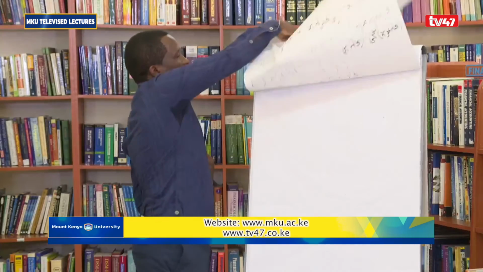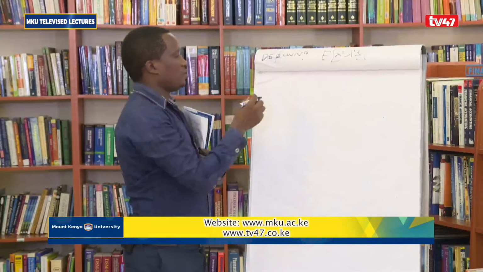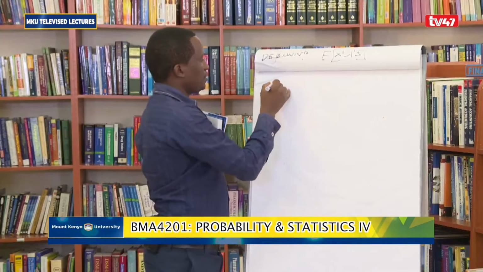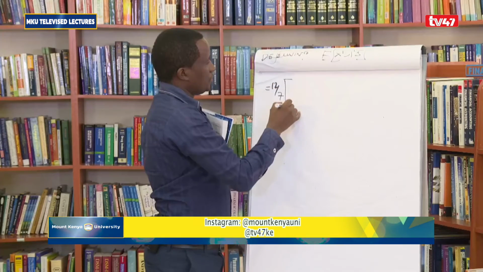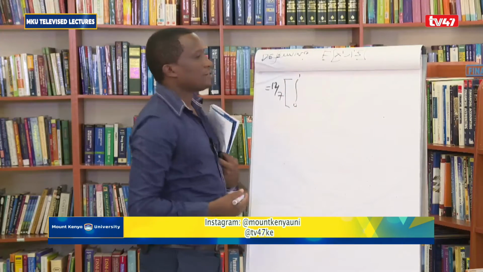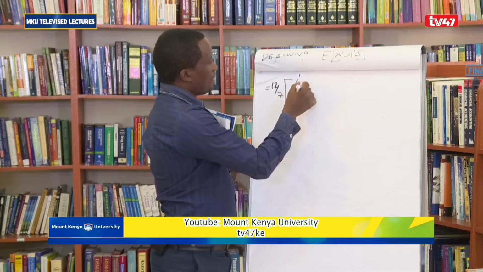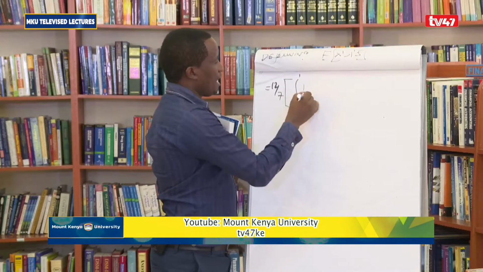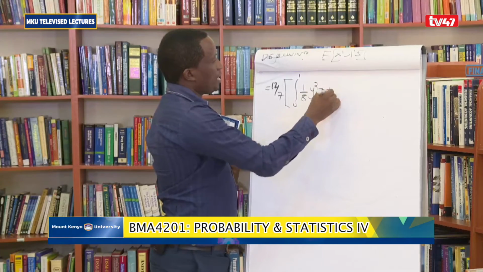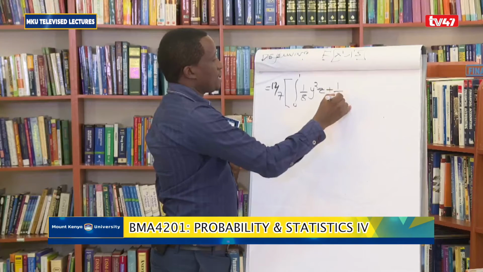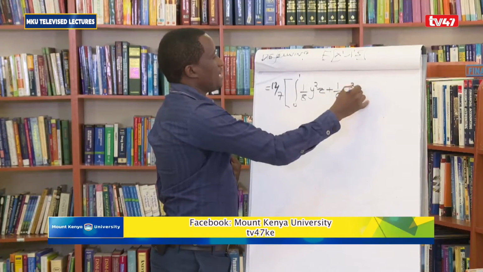So now, if we integrate with respect to y, we are going to have 12 over 7. Then we remain with the integral for z. So that first part will be 1 over 8 y squared z plus 1 over 6 y cubed z squared.